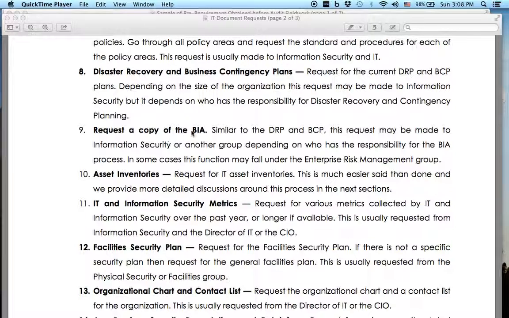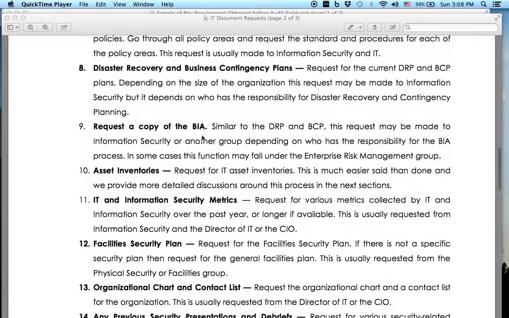So this is a document the auditor needs to obtain because it relates to system failure. So we need to obtain the BIA, and check whether the BIA was properly conducted by the BCM team.